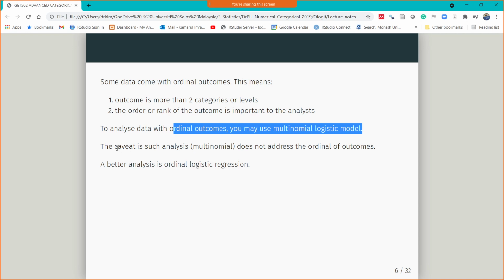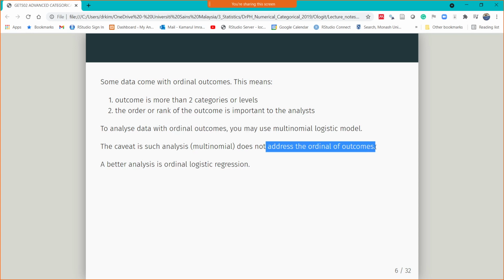We'll come to that later. However, one limitation in doing that is that the analysis will not address the ordinality of the outcome. That is one of the major weaknesses if you use multinomial logistic regression when the outcome is categories with ordinality. So a better analysis would be ordinal logistic regression.